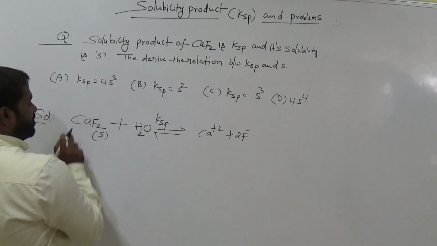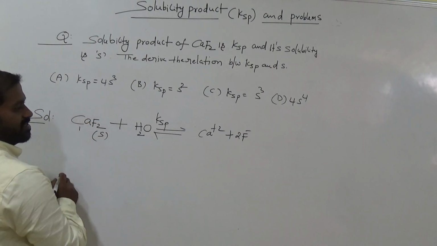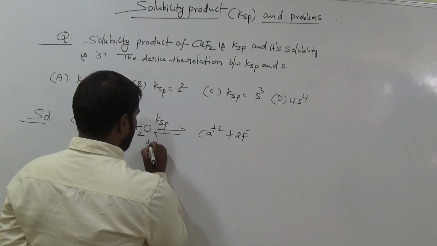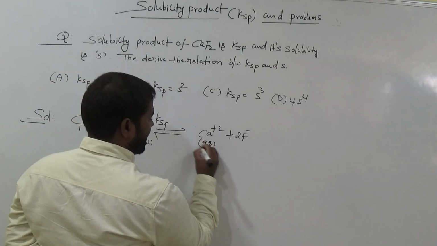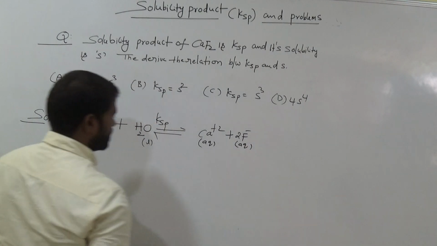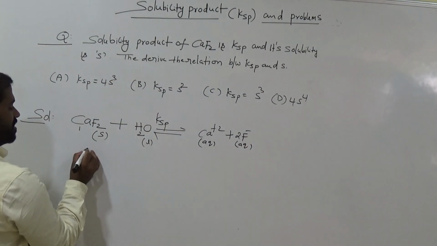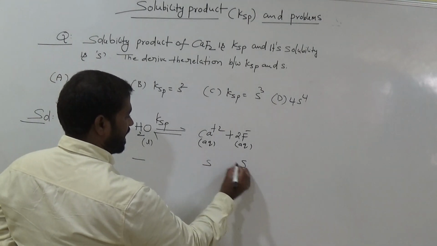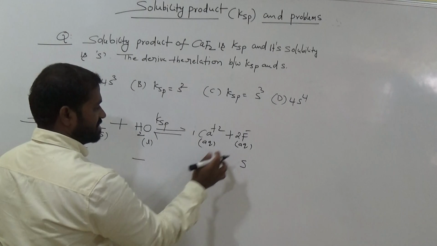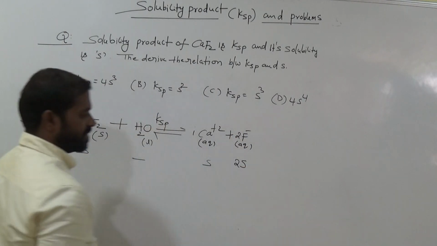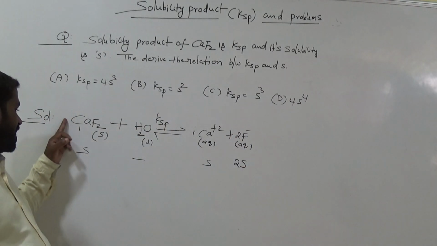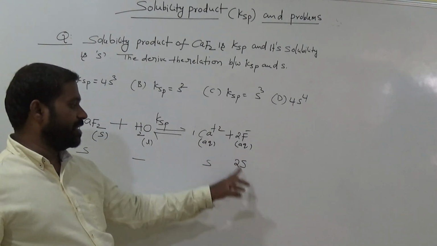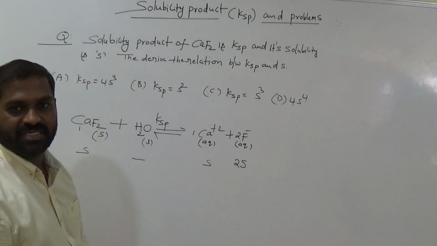Exchange there: plus 2, minus 1. We have 2 fluorines. Now this is pure solid, this is aqueous and this is aqueous. What is the given solubility? S. Here it is S, because 1 into S. Here 2 into S, how much? 2S, am I right? So 1 into S, and here 2 into S. Suppose 3 into S. Remember this. Clear?